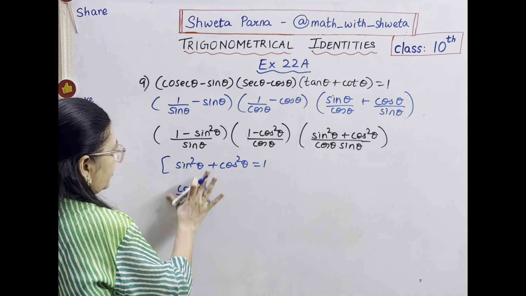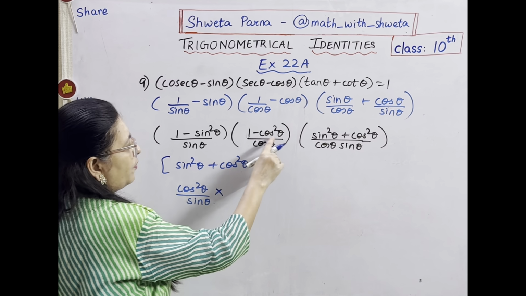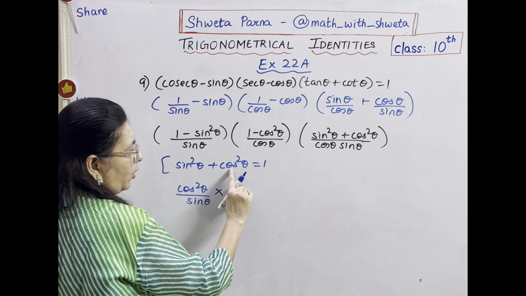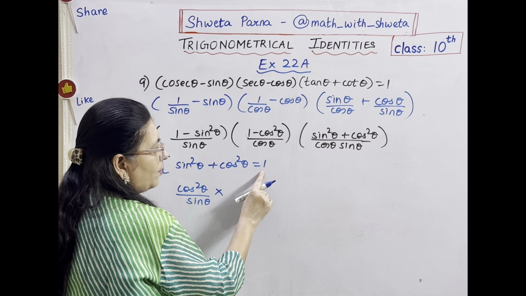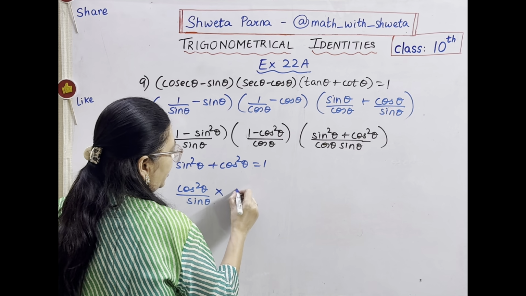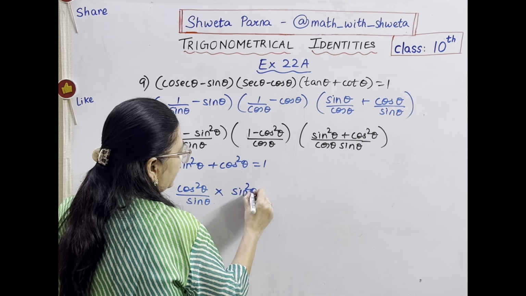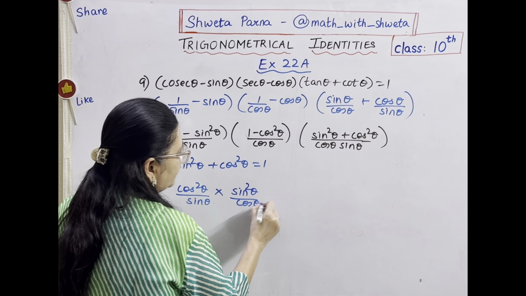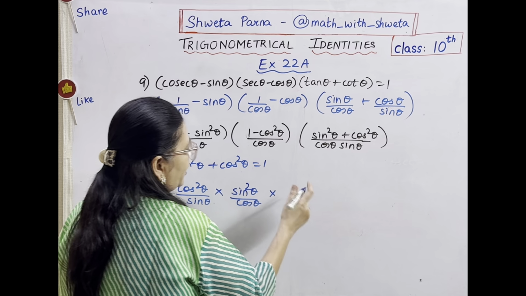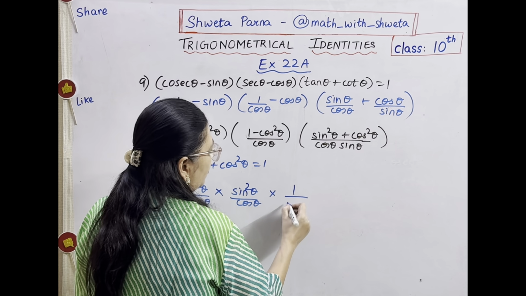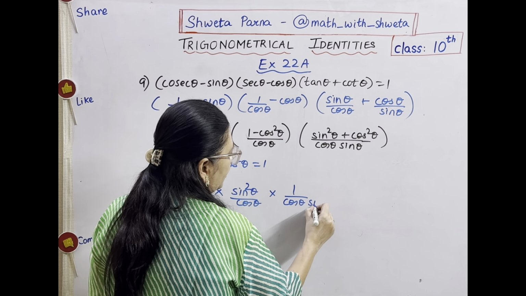I'll remove the bracket. Into 1 minus cos square theta. So if I take cos square theta to this side, sin square theta is equal to 1 minus cos square theta. So into sin square theta upon cos theta. Into sin square theta plus cos square theta. Cos square theta is 1 upon cos theta into sin theta.